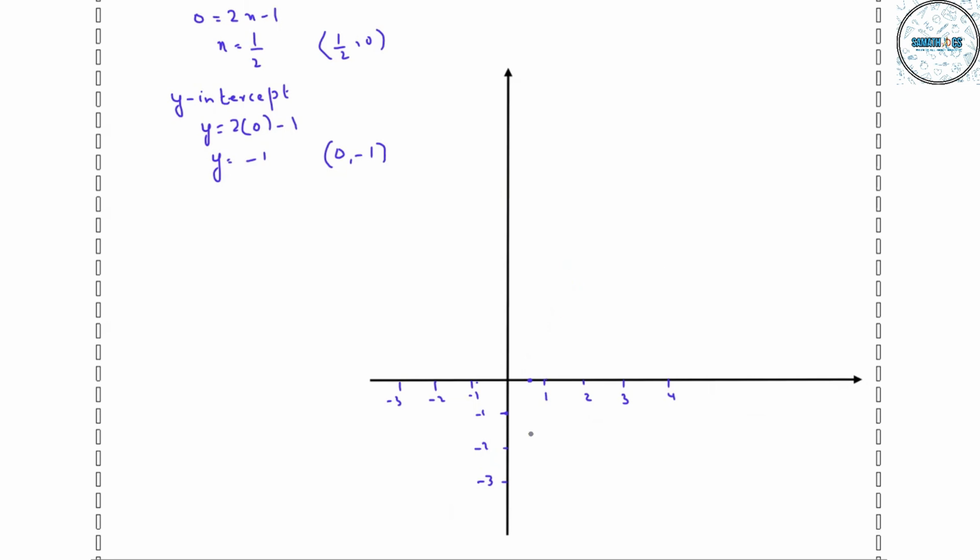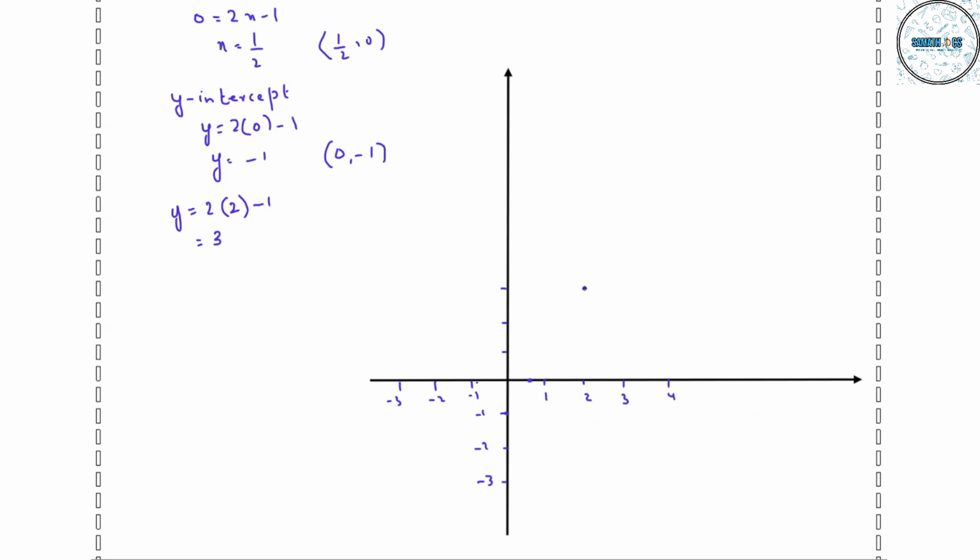As these 2 points are very close, we can take one more value of x. Or we can take the value of x as 2. Y will be equal to 3. So at 2, the value of y is 3. So we can mark this point over here.